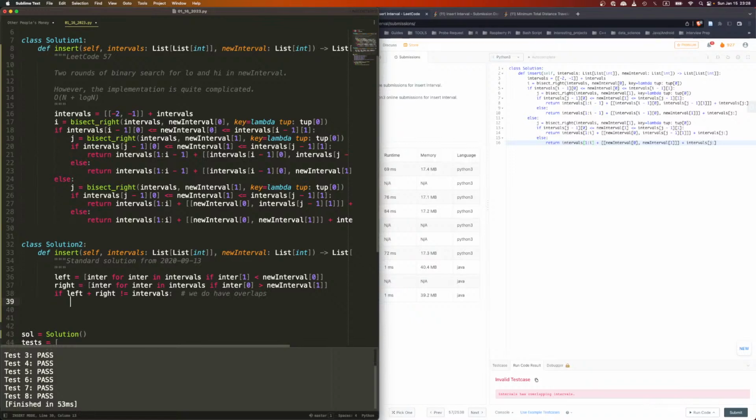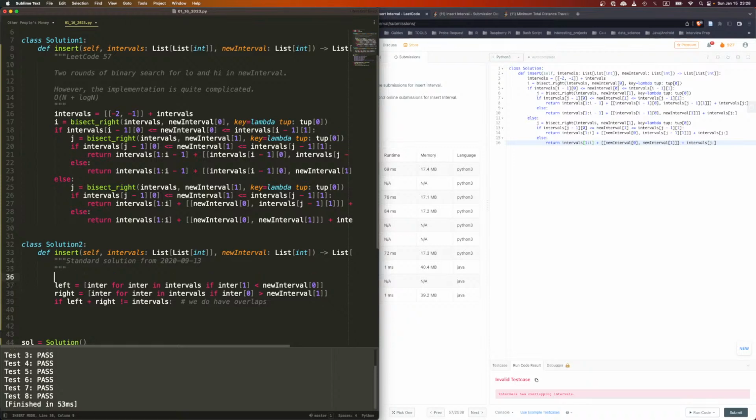Then, I see. Start and end equal new interval. Oh, such a good solution. New s, new e. New s shall equal the minimum of new s and intervals left 0.